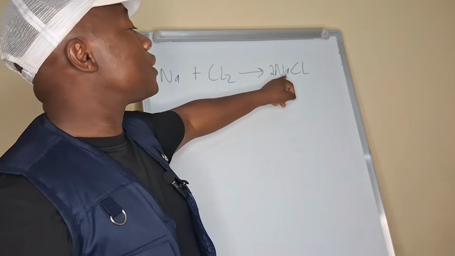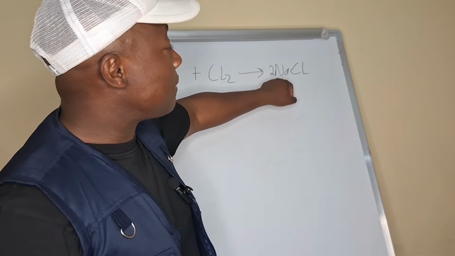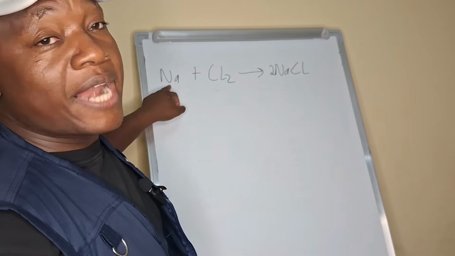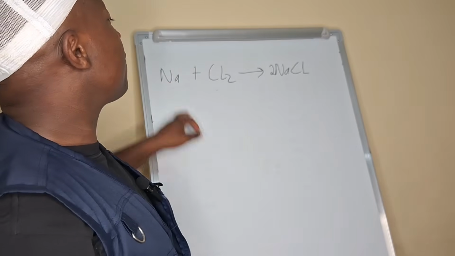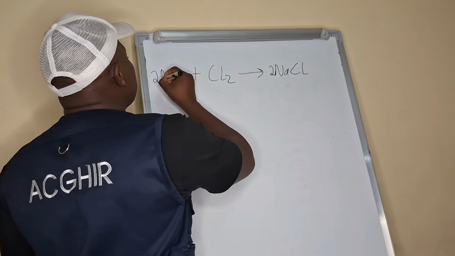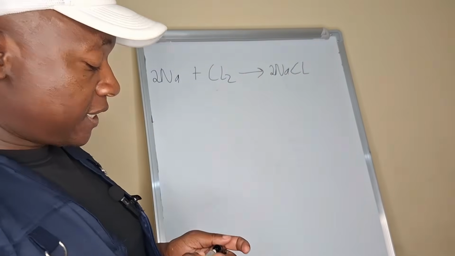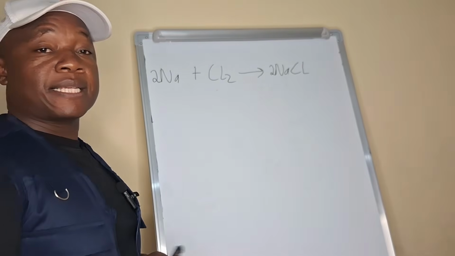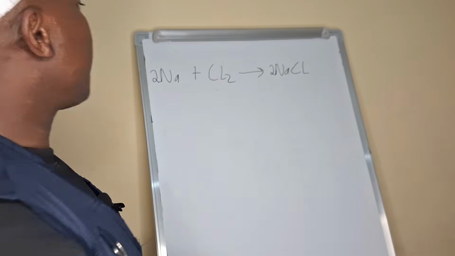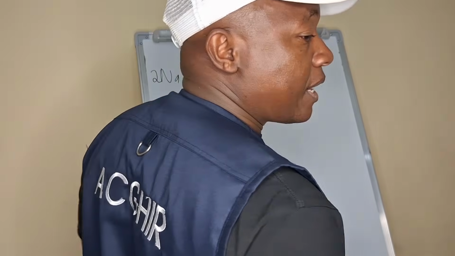When we look at sodium, we have 2 sodium atoms on the right hand side, but on the left hand side, we only have 1 sodium atom. So to balance this equation, we now need to put a 2 here. When we do this, we would have balanced the equation.